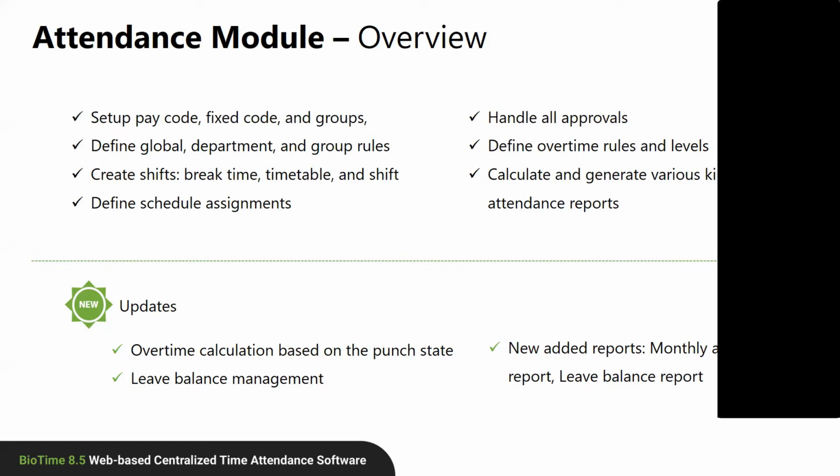The main new feature, overtime, we have enhanced, with overtime based on calculation or approval overtime. There are three main options, which I will show you in detail by sharing the screen from the software. And there are newly added reports like the monthly absence report and the leave balance report.